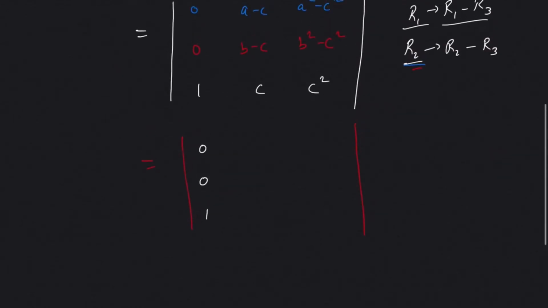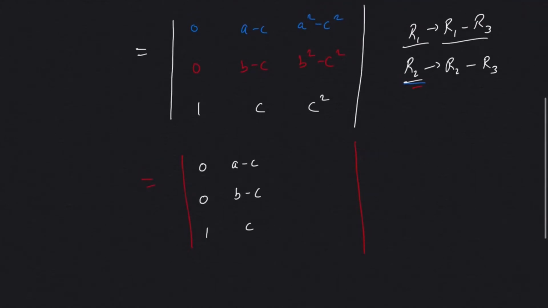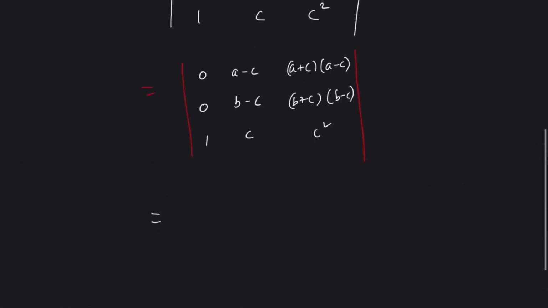Now once this is done, we get 0, 0, 1, A minus C, B minus C, C. Now A square minus B square formula I will use: A plus C into A minus C. Here also B plus C into B minus C, C square. Now from determinants we have seen that we can take an element common from a particular column or row.